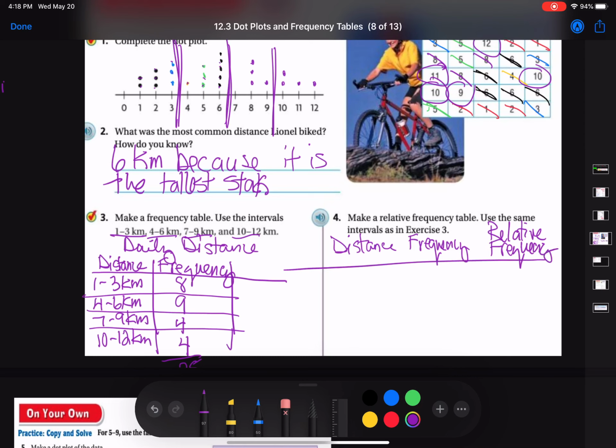Okay, so now remember, relative frequency is finding out the percent. So we have our 1 to 3 kilometers, our 4 to 6 kilometers, our 7 to 9 kilometers, and we have our 10 to 12 kilometers.